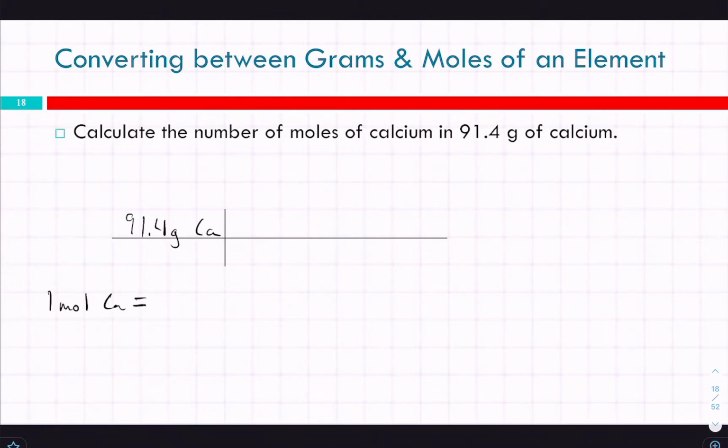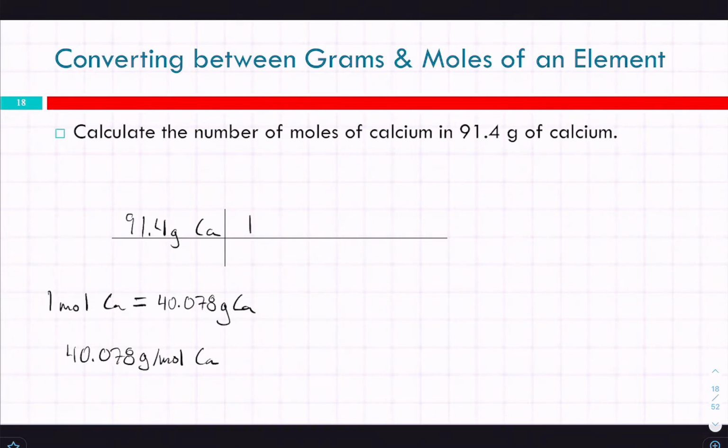So the conversion factor is 1 mole of calcium is 40.078 grams of calcium, which can also be written as 40.078 grams per mole of calcium.